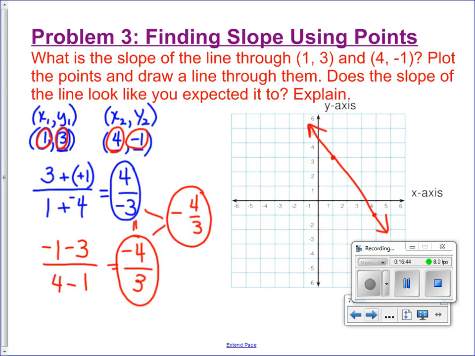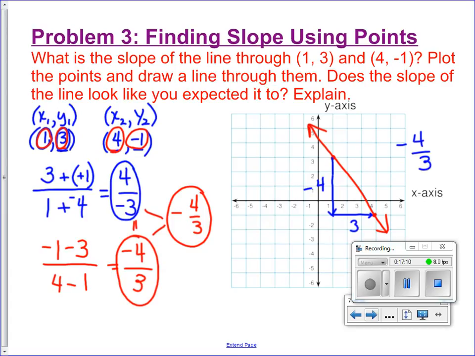And I want to calculate my slope using rise and run. All right, well, my vertical change is 1, 2, 3, 4. Going downward, that's a negative 4. And then my run, 1, 2, 3. Positive 3. So I get negative 4 over 3.